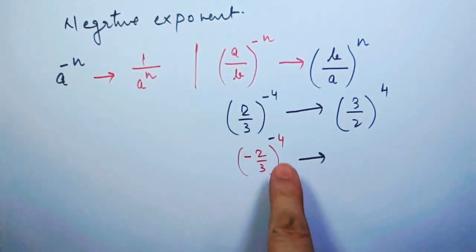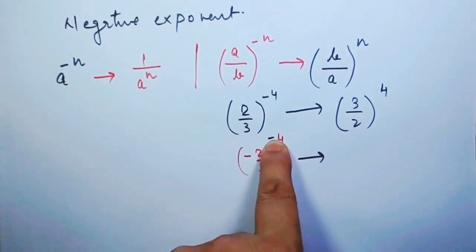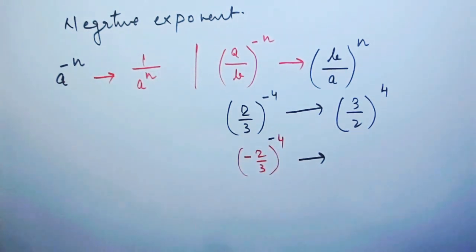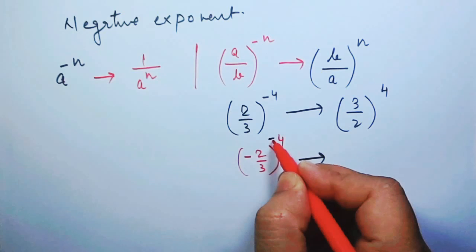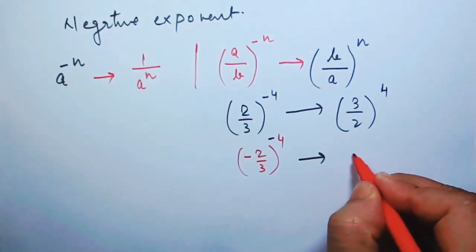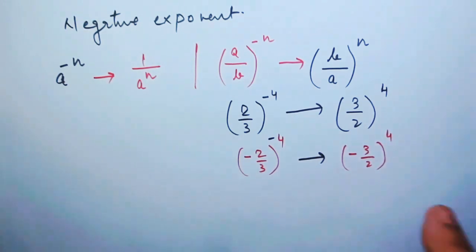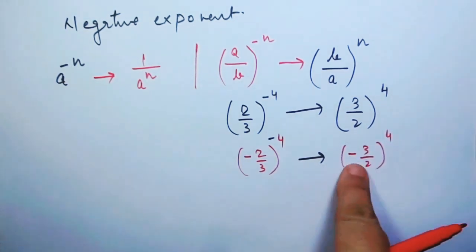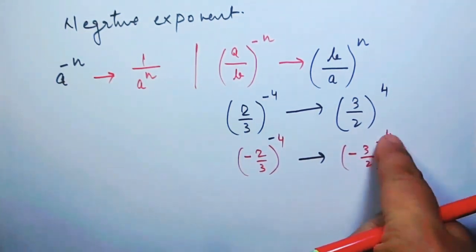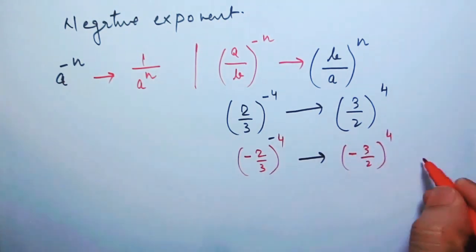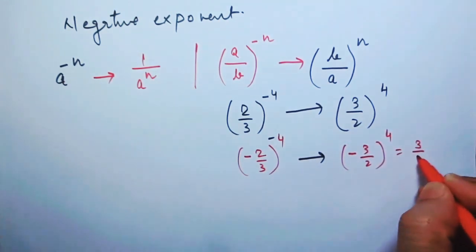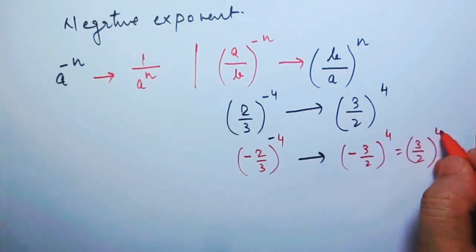First, you have to convert the negative exponent into its positive value. In order to do this, it will become minus 3 by 2 to the power 4. Now, a negative number raised to an even power, naturally the negative will vanish and you will have 3 by 2 to the power 4.